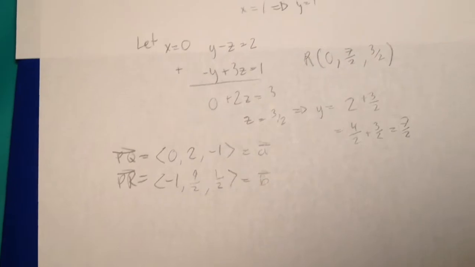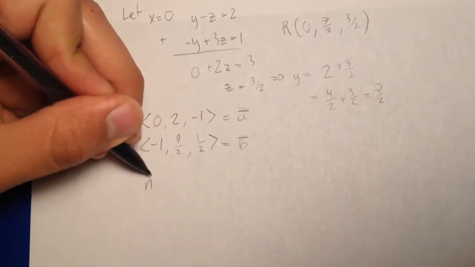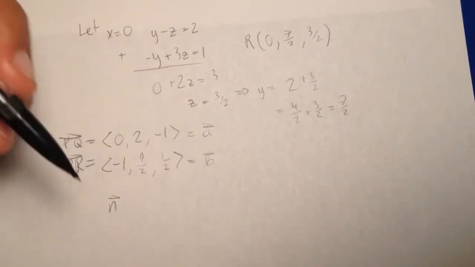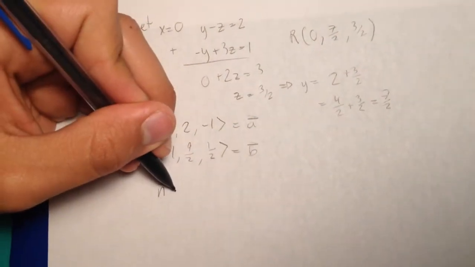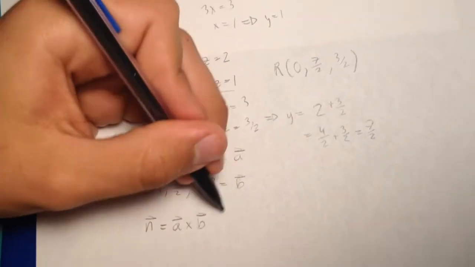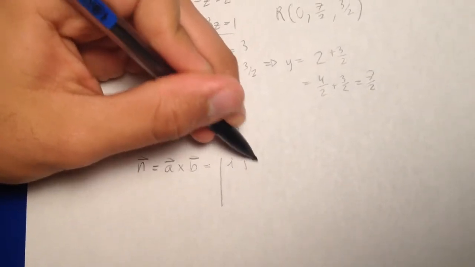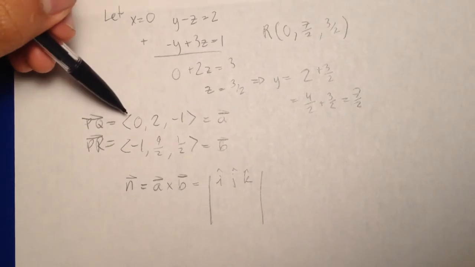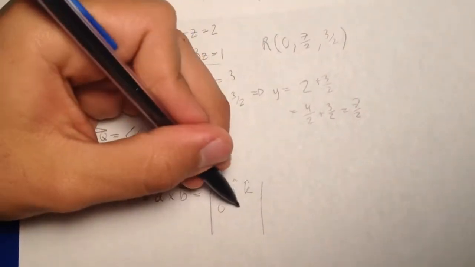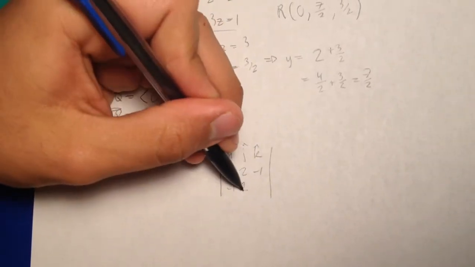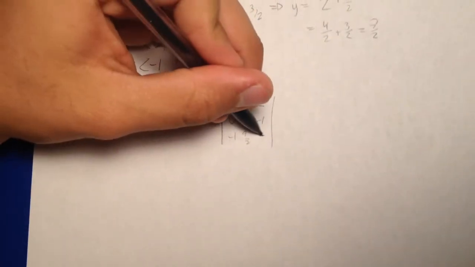So now our third step is we're going to want to find the normal vector to these two vectors, and to do that you just take their cross product. So we're going to do that now. I, J, K, and then 0, 2, negative 1, negative 1, 9 halves, 1 half.